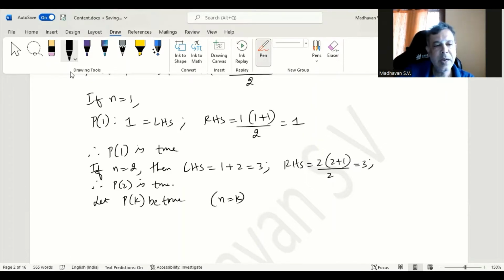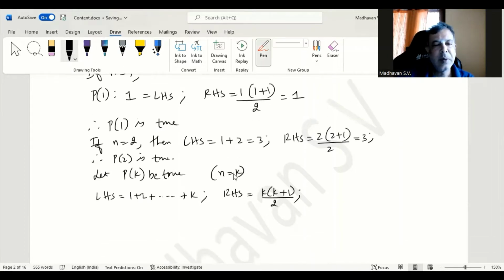So our left-hand side will become 1 plus 2 and so on up to k instead of n, and the RHS will be k into k plus 1 divided by 2. So we are assuming this as true. That means we now need to prove that P of k plus 1 is true.